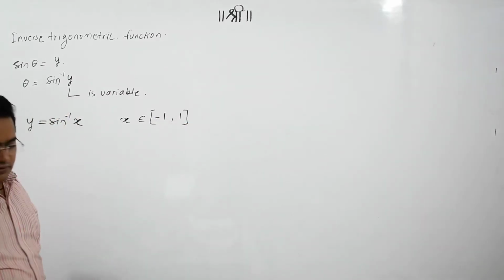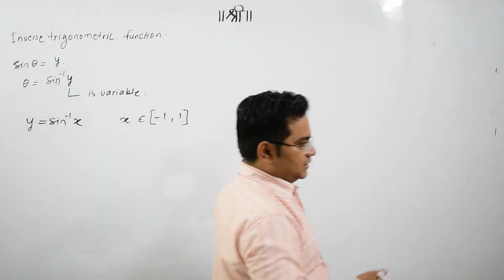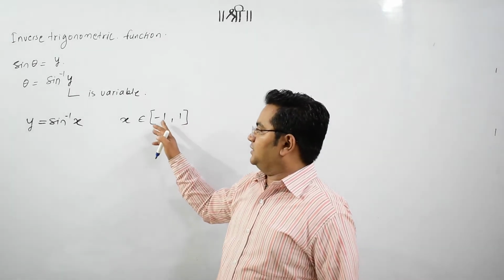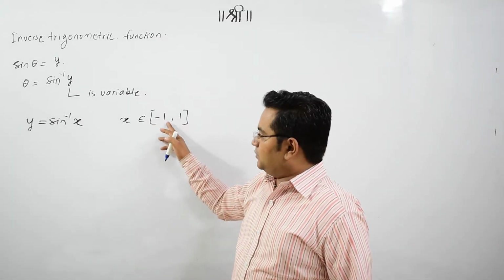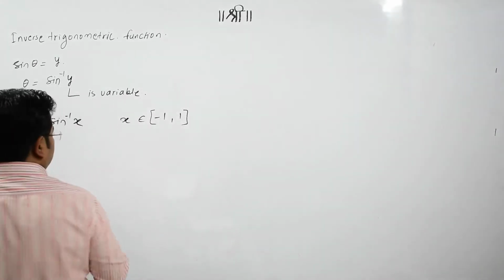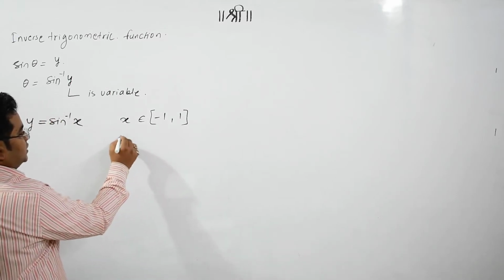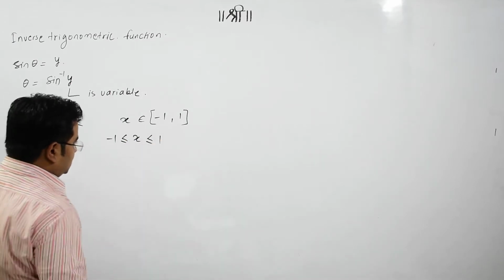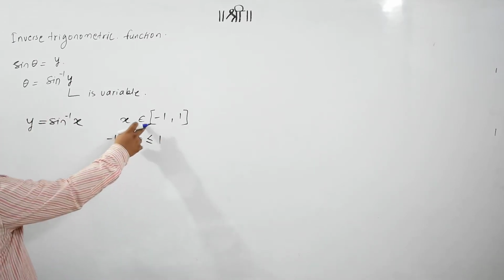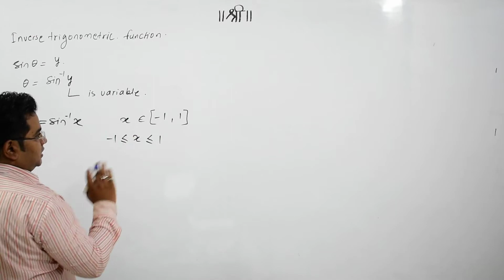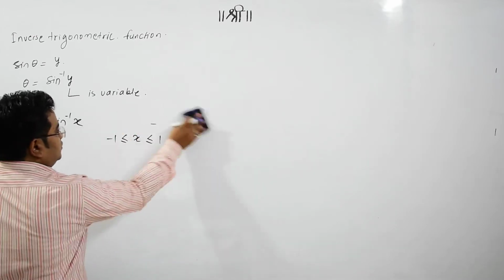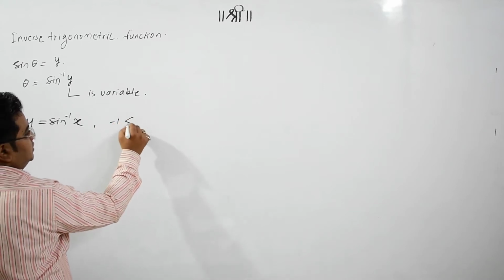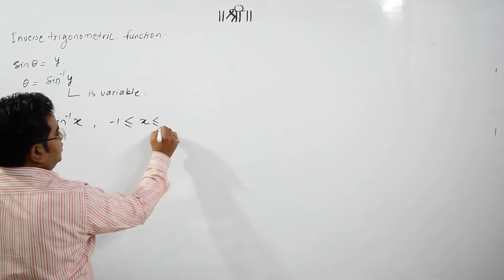We are not proceeding or preceding more than this, or having a value less than -1, but it can be equal to or greater than. In our textbook it is written as -1 is less than or equal to x, less than or equal to 1. This has the same meaning, nothing else. So let's follow the book.